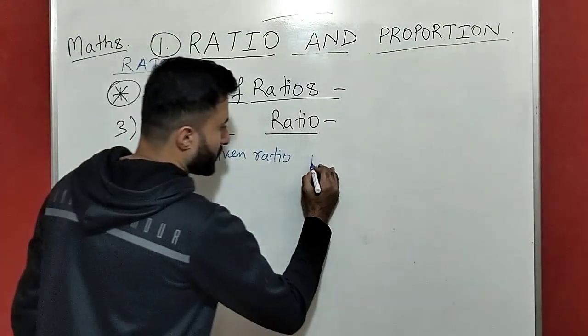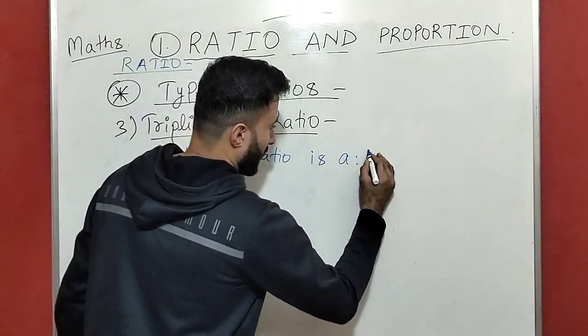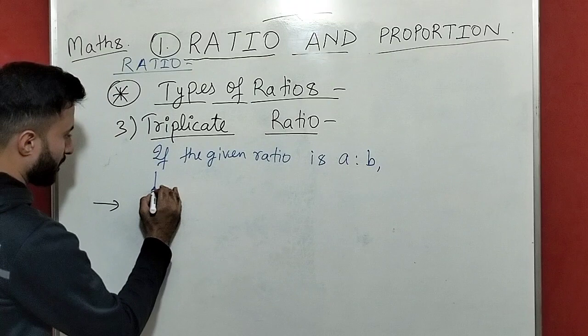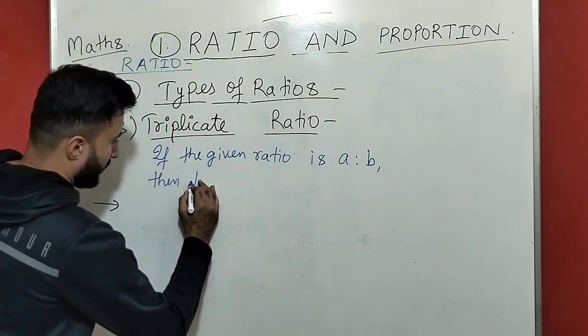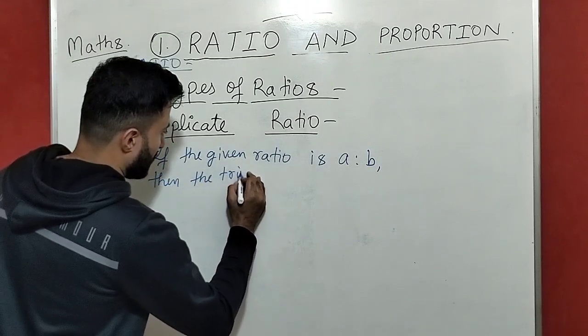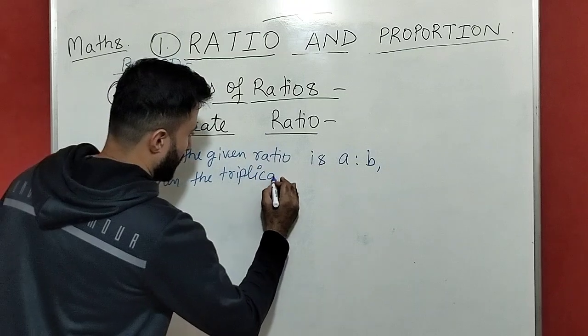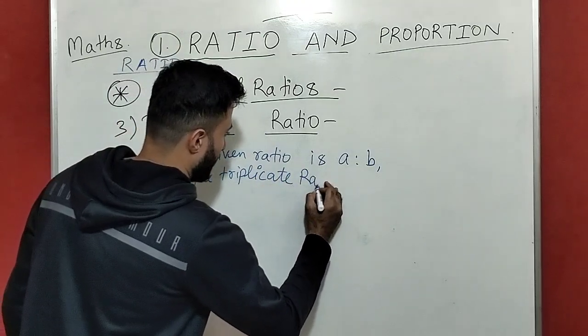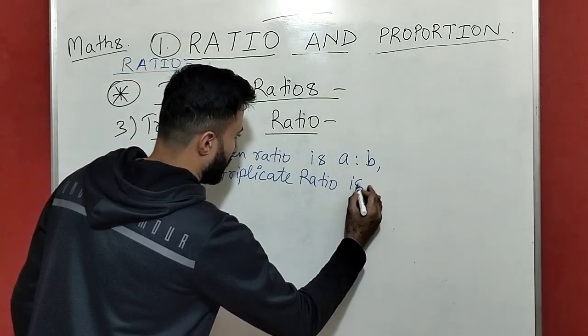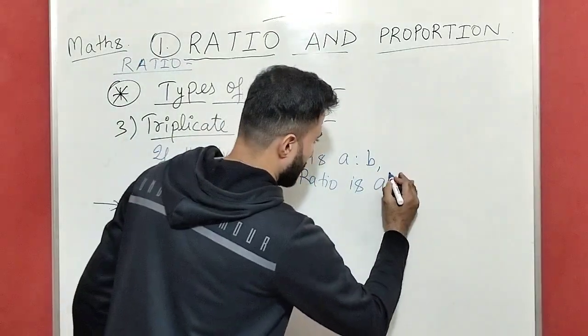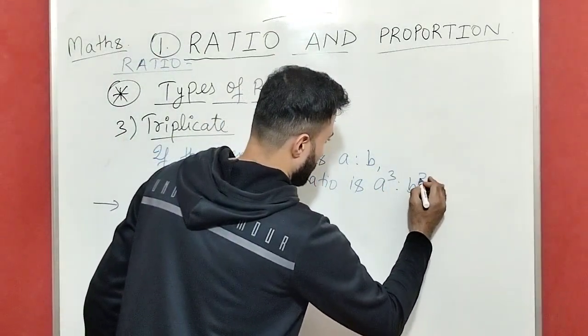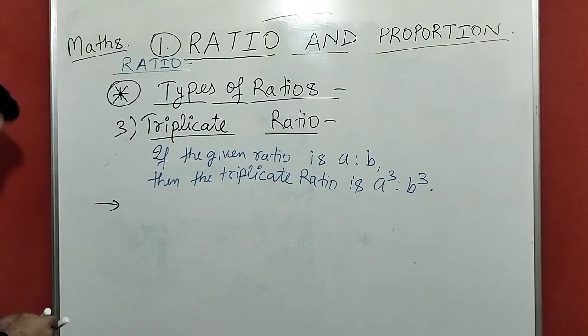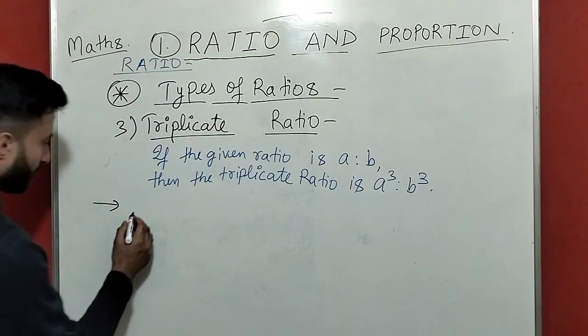If the given ratio is A is to B, then the triplicate ratio, as I have told you, we have to do the cube of the ratio: A cube is to B cube. Okay, example.